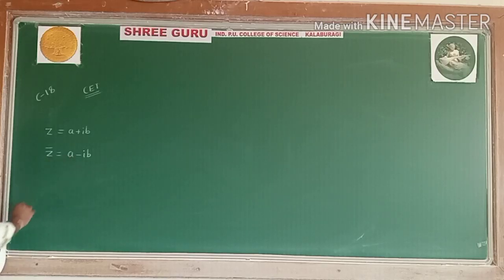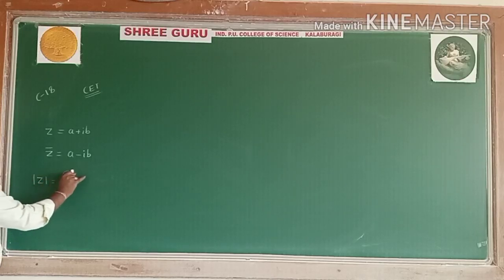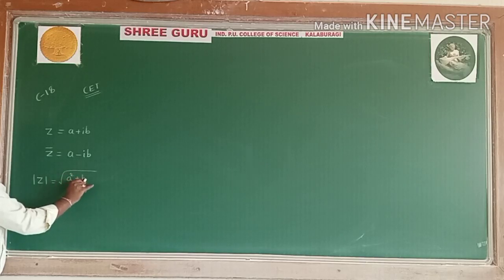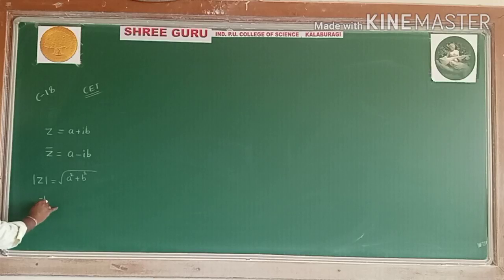The modulus of Z is the square root of real part square plus imaginary part square, A square plus B square, that is the modulus formula. And the multiplicative inverse formula is Z bar divided by modulus of Z whole square. Otherwise that is 1 by Z, both mean the same, reciprocal.